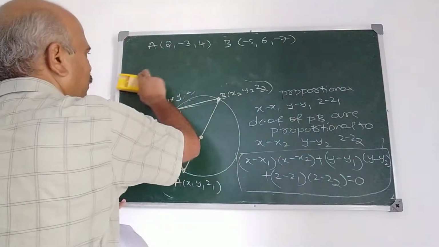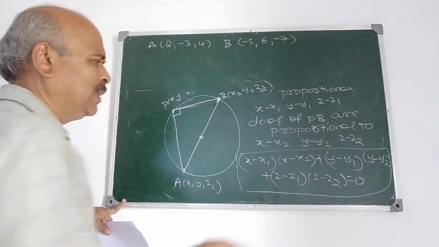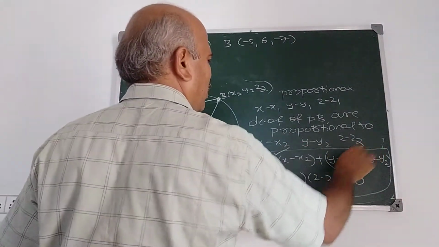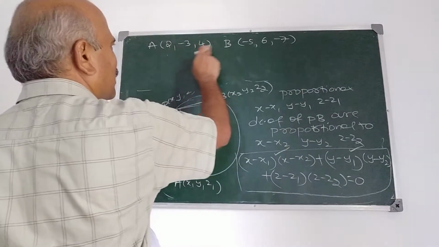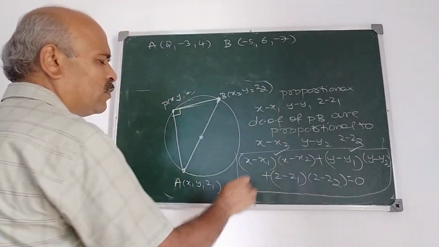This is the problem. Now how do you apply the formula? This is the formula. Take these as x1, y1, z1 and x2, y2, z2 and apply this formula.